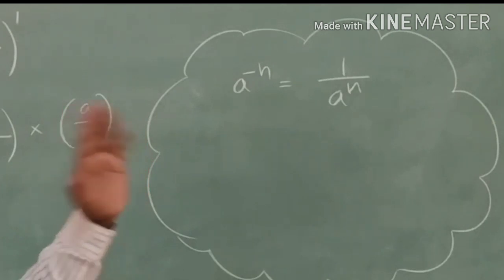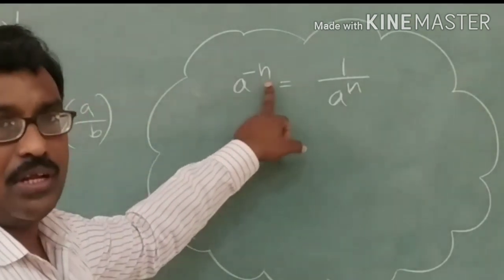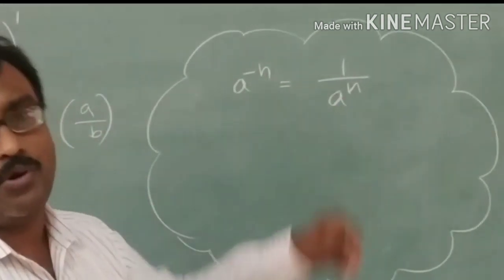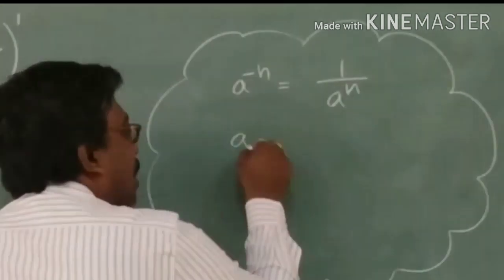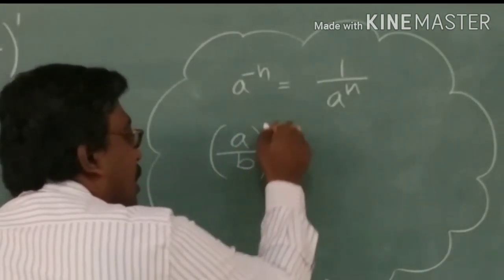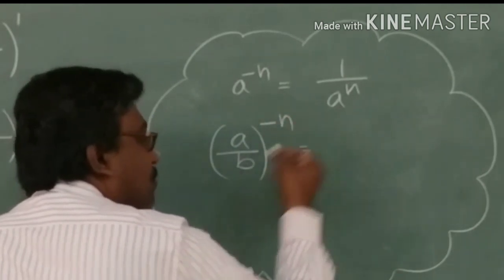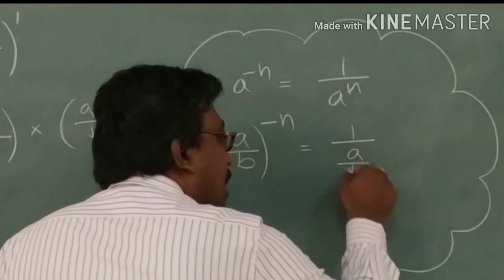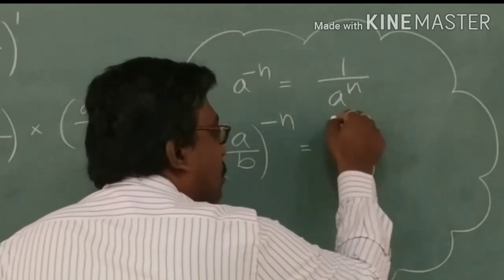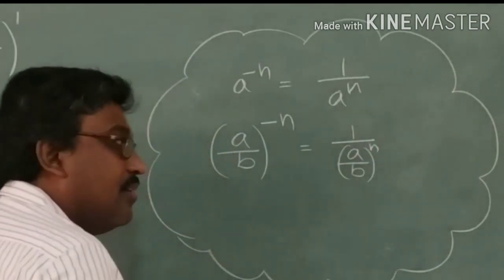If the power is in negative terms, then it will be the reciprocal of the given term. If you apply the same formula for the fraction, (a/b) to the power of minus n is nothing but 1 by (a/b) to the power of n.